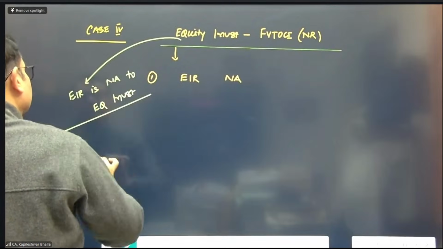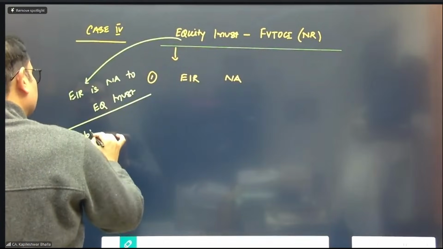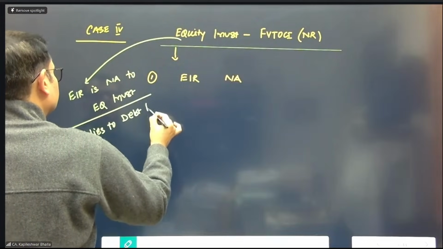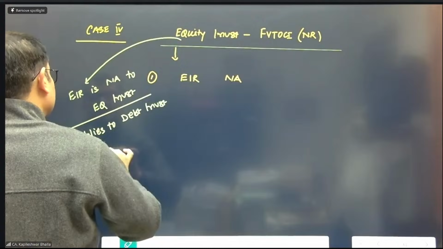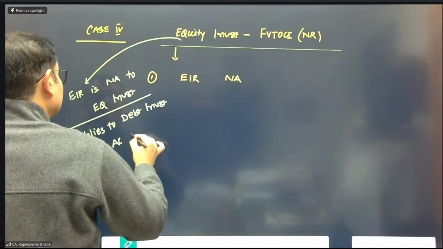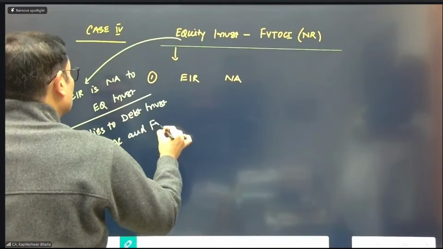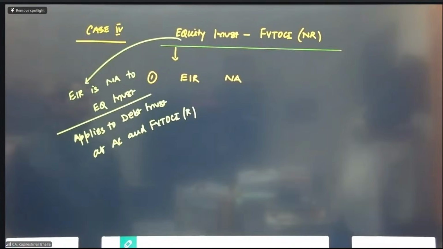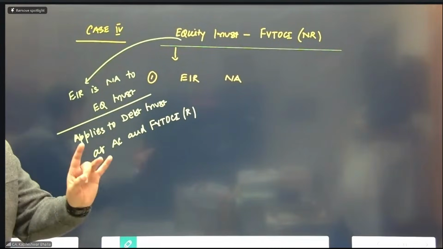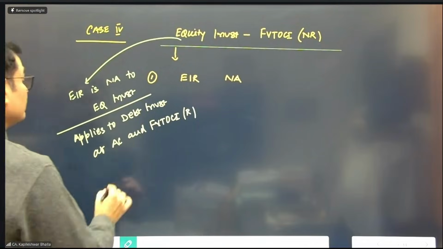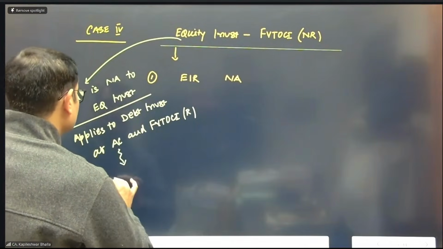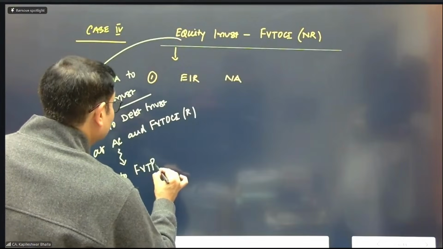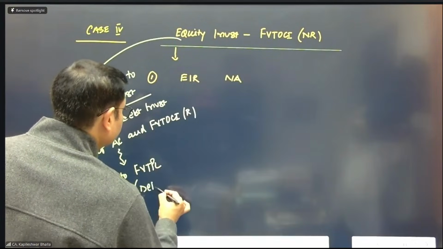Just to add on, we can say it applies only to debt investments at AC or FVTOCI, that is R. So let's also add not applicable to FVTPL, that is debt investments.